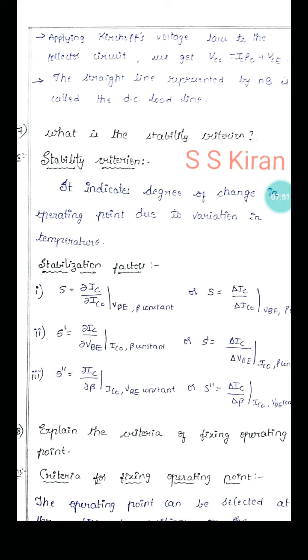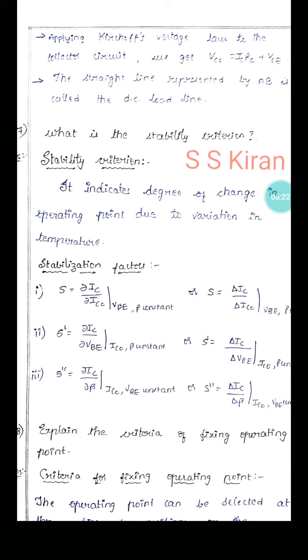Actually we can classify 3 stabilization factors: S, S dash, S double dash. S is equal to dou IC by dou IC naught. In the definition part we can use one word, change. Or S equal to delta IC by delta IC naught at VBE, beta constant.